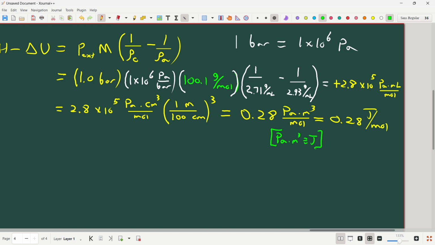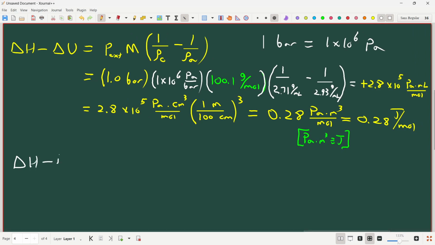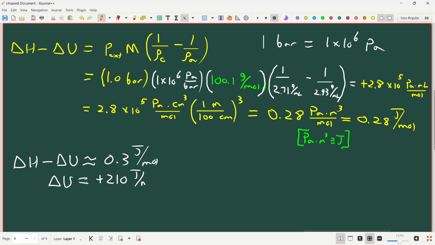So that means then, let me just write that down. It says here that delta H minus delta U is on the order of 0.3 joules per mole. And delta U, we wrote that down at the beginning. Sorry, I just lost it here. Here it is. It is plus 210 joules per mole.